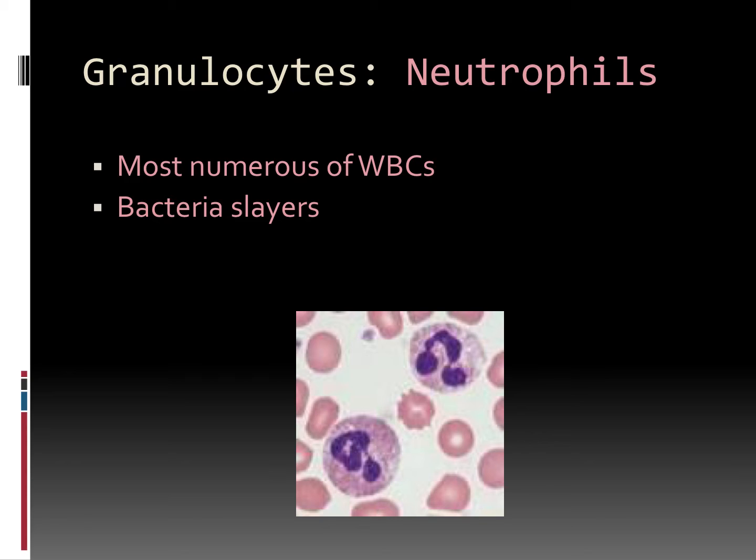You don't need to know specifically eosinophils or basophils, the other two kinds of granulocytes. They are both involved in response to parasites, so like ticks, worms, amoeba, things like that. Basophils also release cytokines, which are something that we'll talk about more when we talk about immunity.